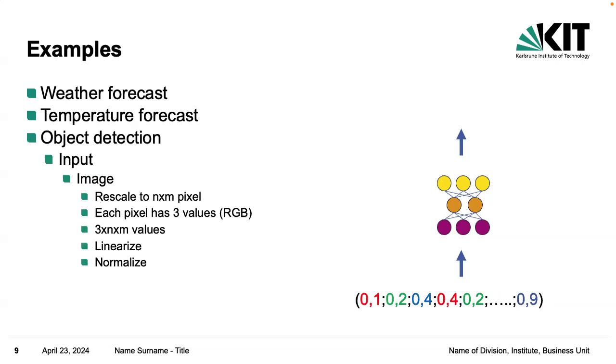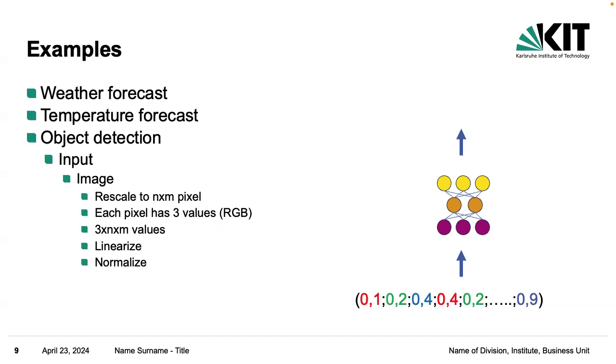So you rescale your image to have a fixed size. Then each pixel has 3 values. So in total, you have 3 times n times m possible parameters. And then you can maybe normalize them also. You put them linearly in there, so maybe this is the first row, second row, third row, and so on. And this is your input vector again, which gets your image as input.